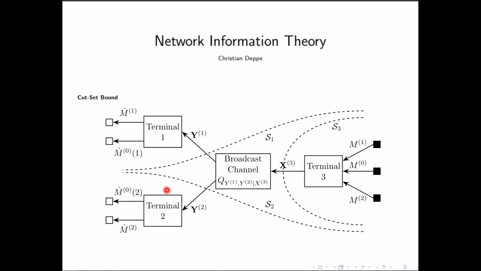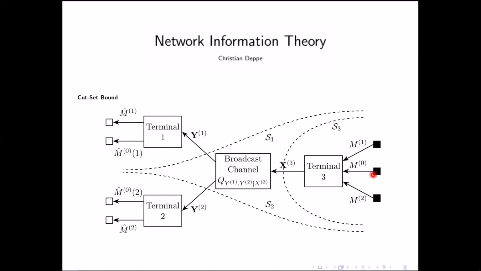So we considered three cuts in principle. This gives you an estimate of R2, this gives you an estimate of R1, and this cut gives you an estimate of R1 plus R2. And that's exactly how we did it.